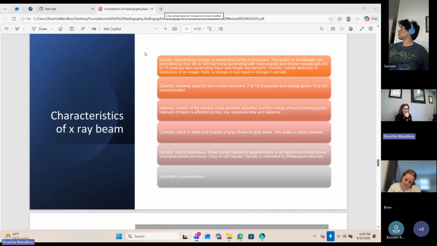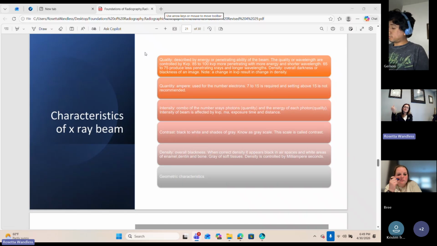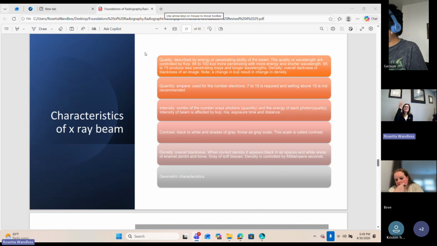So the quality or wavelength are controlled by kilovoltage peak, KVP. We talked about that last week. So KVP controls the quality because KVP is kilovoltage peak, the penetrating power, the volts, the energy that is inside the machine itself.